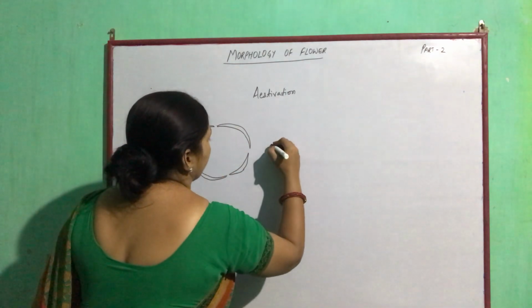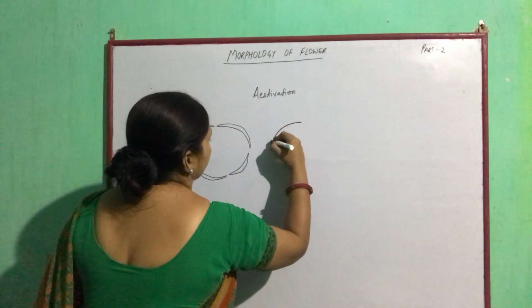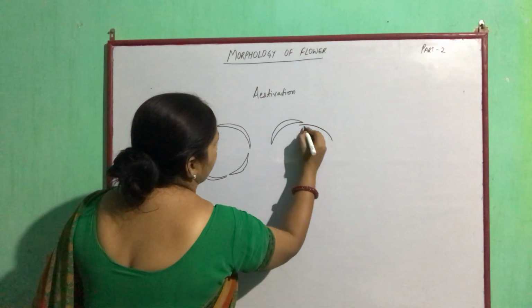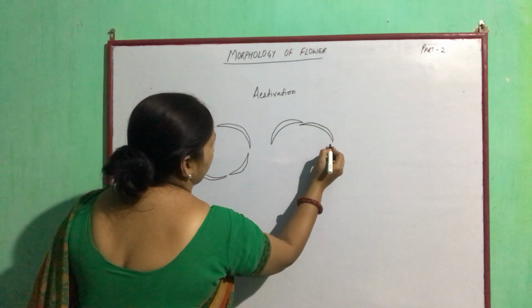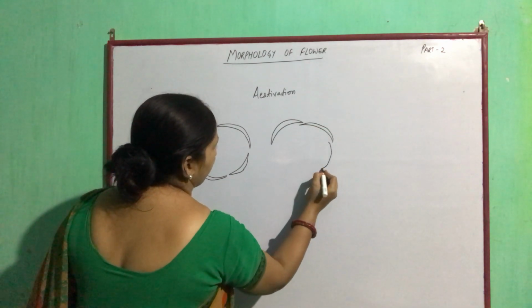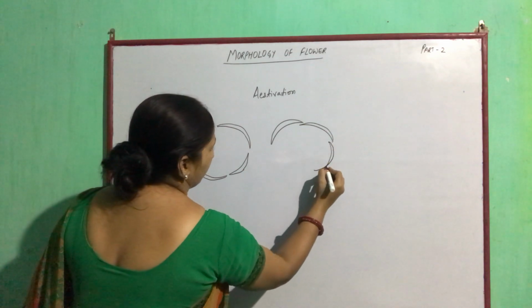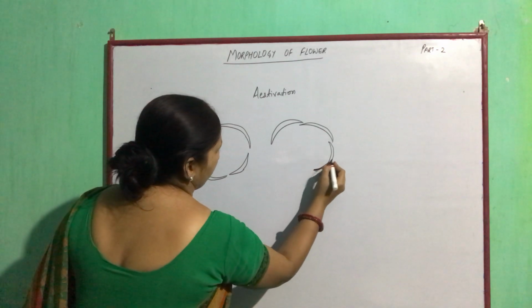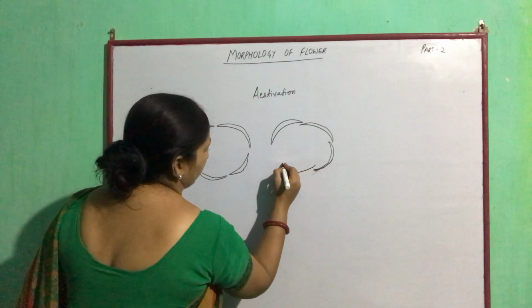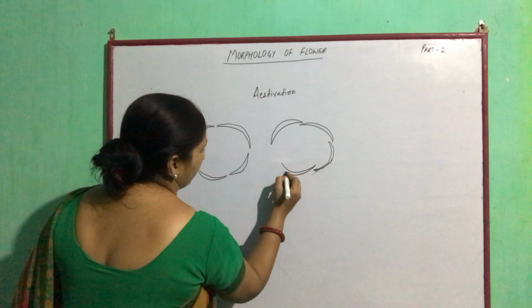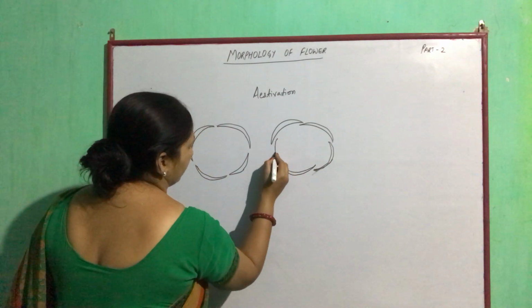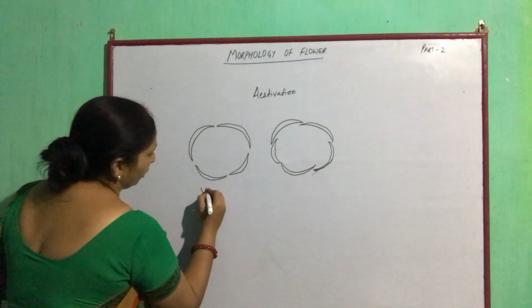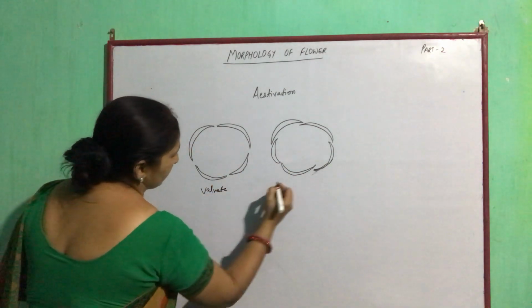Then the second one is twisted, one inside, one outside. This is valvate, this is twisted.